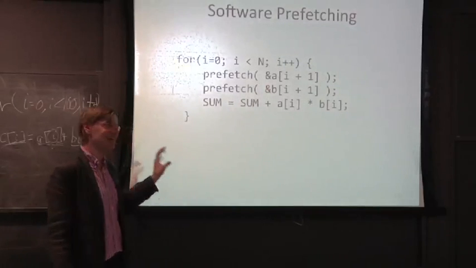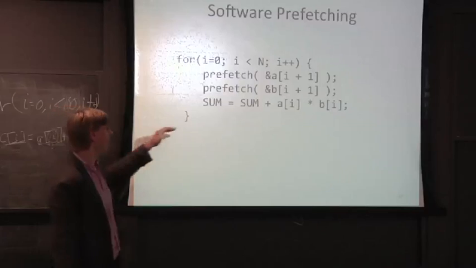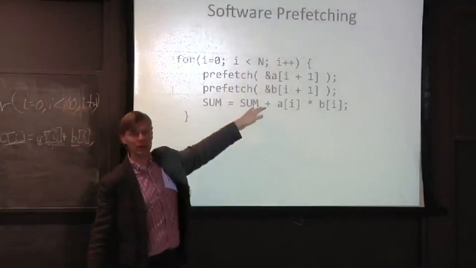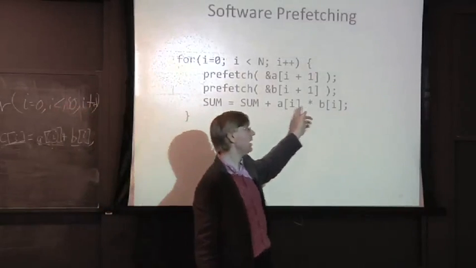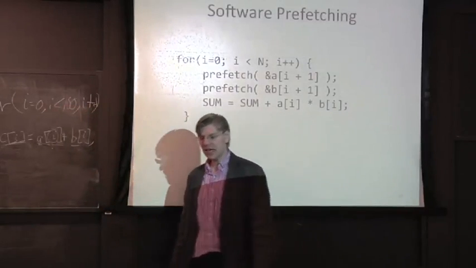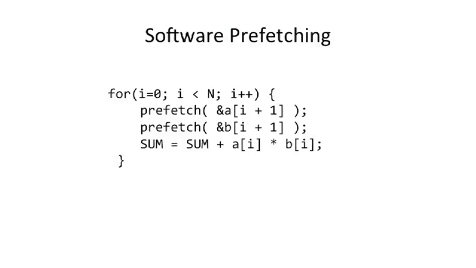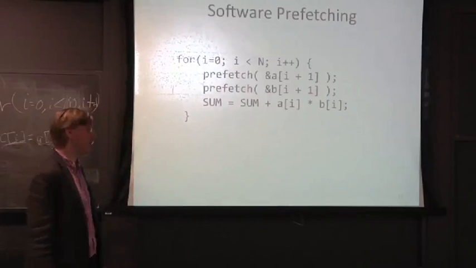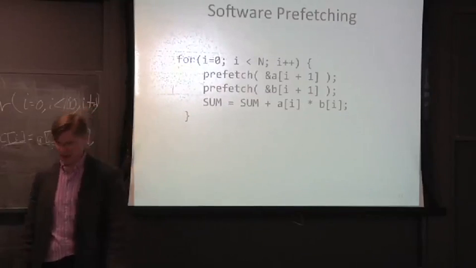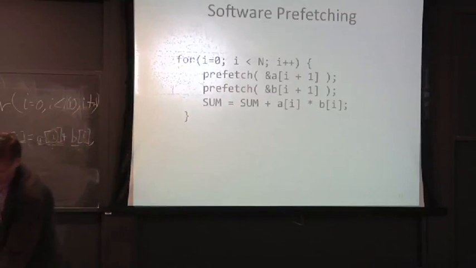So instead of waiting to take a cache miss when I really need it, which is when I have to do this add here, let's say of A of I and B of I, we can say, OK, I know the next time around the loop, I'm going to be accessing A of I plus 1 and B of I plus 1. So let's tell the memory system that I'm going to be accessing A of I plus 1 and B of I plus 1 and get that operation out there early.